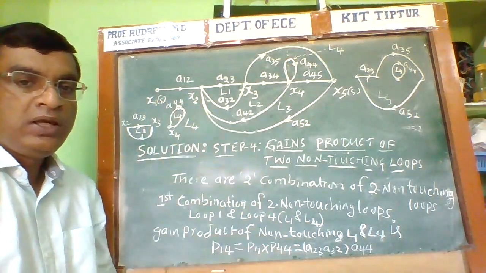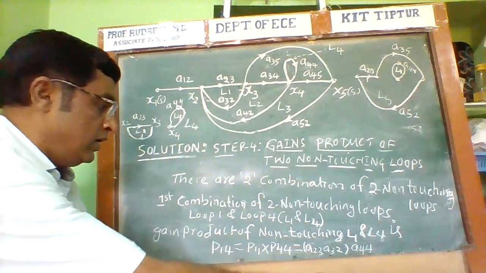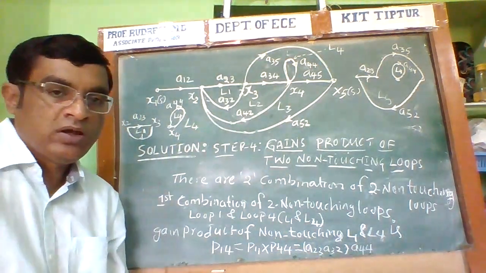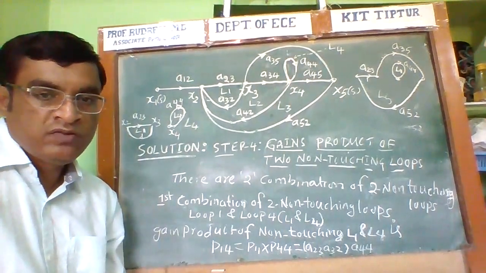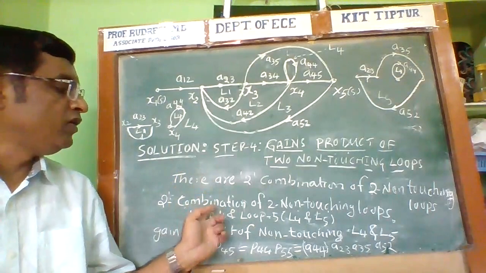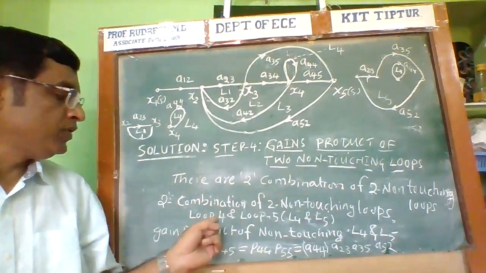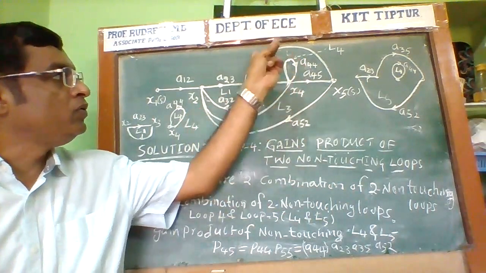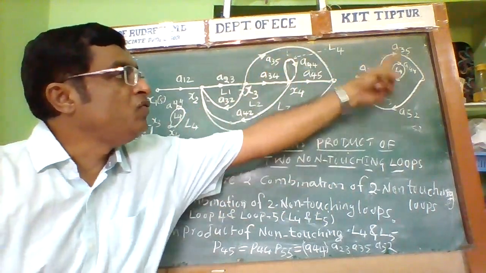Similarly, we go for calculating the other combination. The second combination of two non-touching loops is loop 4 and loop 5. This is loop 4, and the outer loop is loop 5.